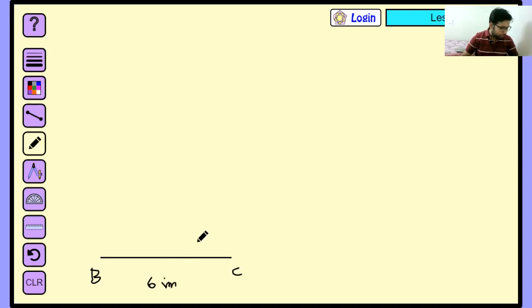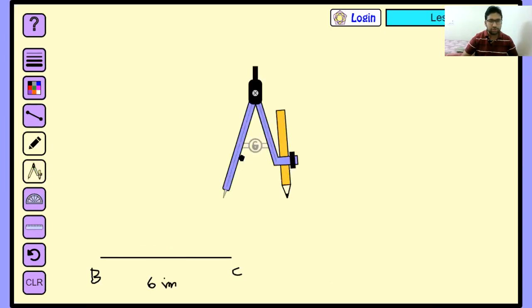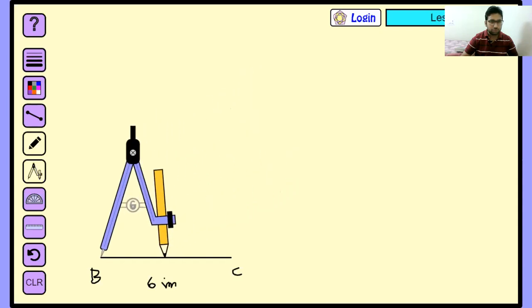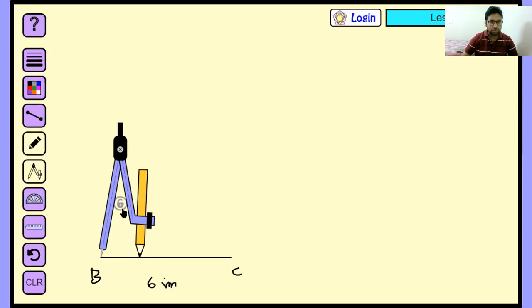After this, we have to construct an angle of B as 60 degree. So next step is draw an angle of 60 degree using compass. We all know how to draw, very easy.